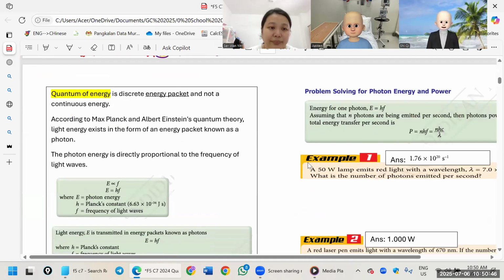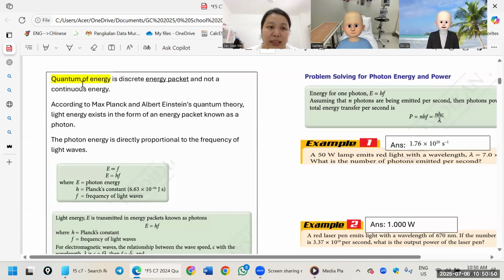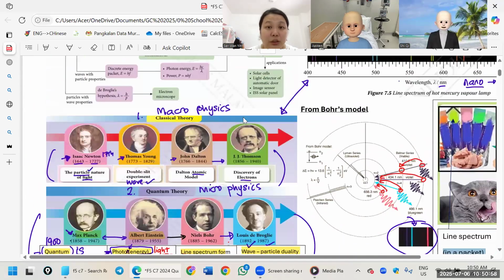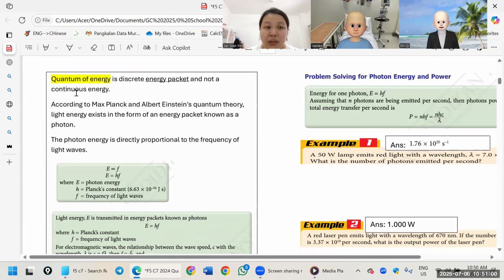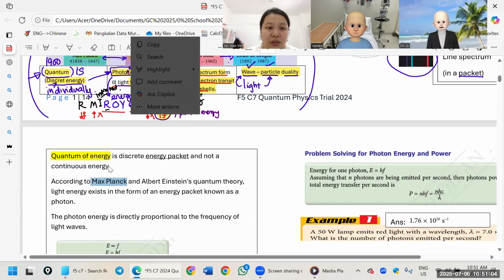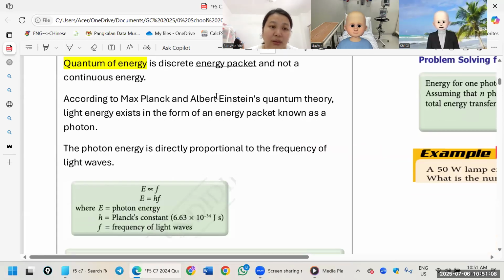Quantum energy is a discrete energy packet, not continuous. According to Max Planck and Albert Einstein, they are good friends.